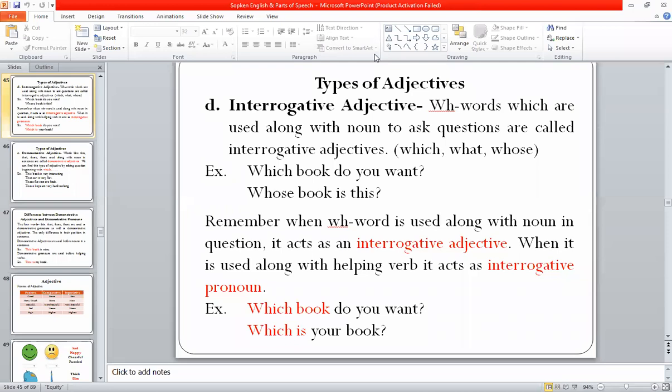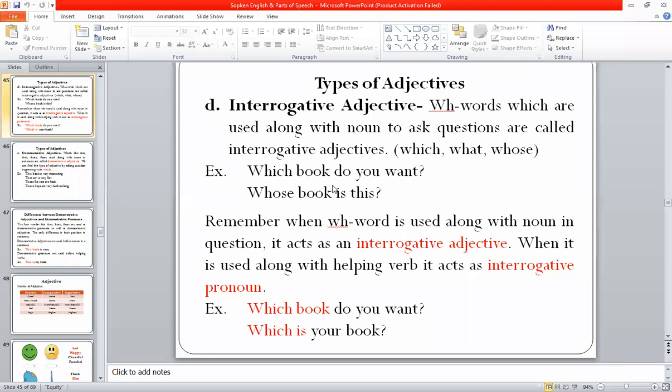Which book do you want? In this sentence, which is a WH word followed by book, that is a noun, and that is why it is an interrogative adjective. Then the next example is, whose book is this? In this example, whose is a WH word, and after that book is a noun which comes after that word, and that is why whose is called an interrogative adjective.